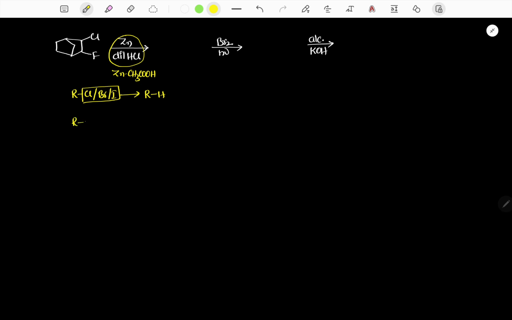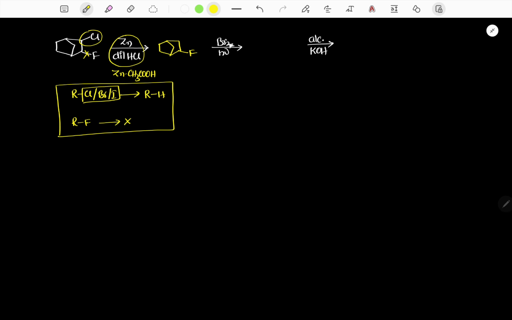Similarly, when alkyl fluoride is treated with the same reagents, there is no reaction. Therefore, here the corresponding chloro will be reduced and the fluorine carbon cannot be reduced. That's why the corresponding product is like this. So the chlorine-connected carbon is reduced.